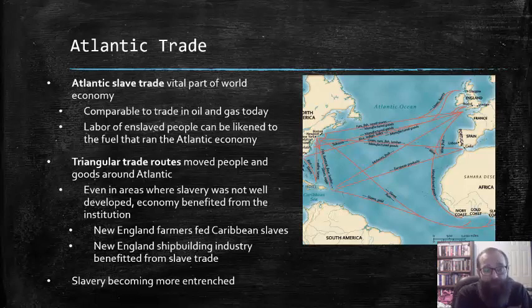Their shipbuilding industry benefited from the slave trade in building the ships that carried the goods and the people back and forth across the Atlantic. And this whole process of Atlantic trade and these triangular trade patterns slowly but inexorably made slavery more and more entrenched in the Atlantic economy.